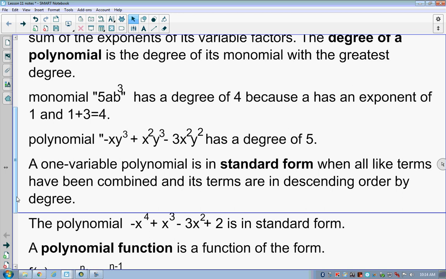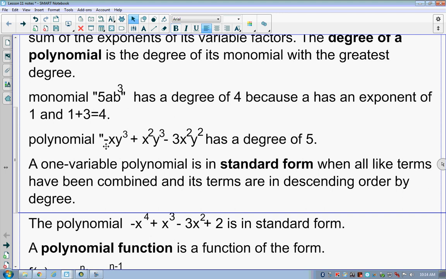All right, so here we have a monomial, negative x y cubed. What is the degree of that? That's 4. What is the degree of x squared y cubed? 5. What is the degree of negative 3x squared y squared? 4. So the degree of the polynomial is the monomial with the largest degree.